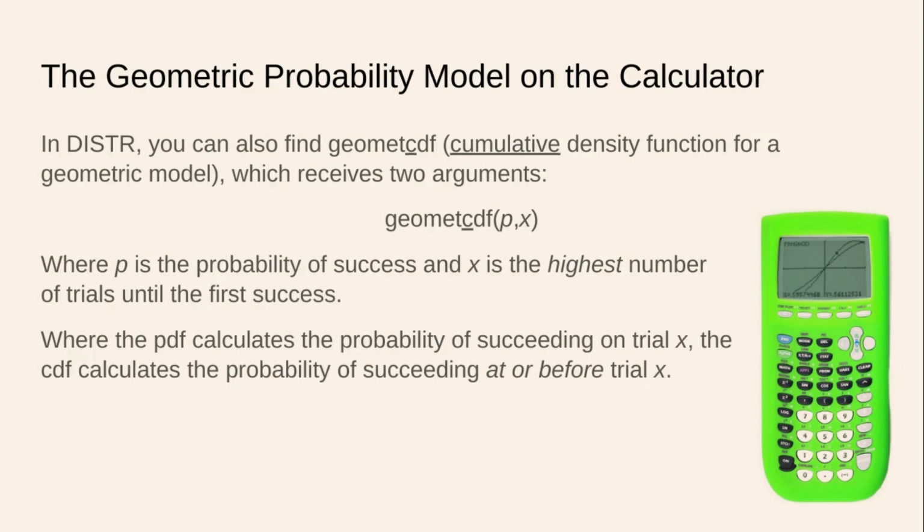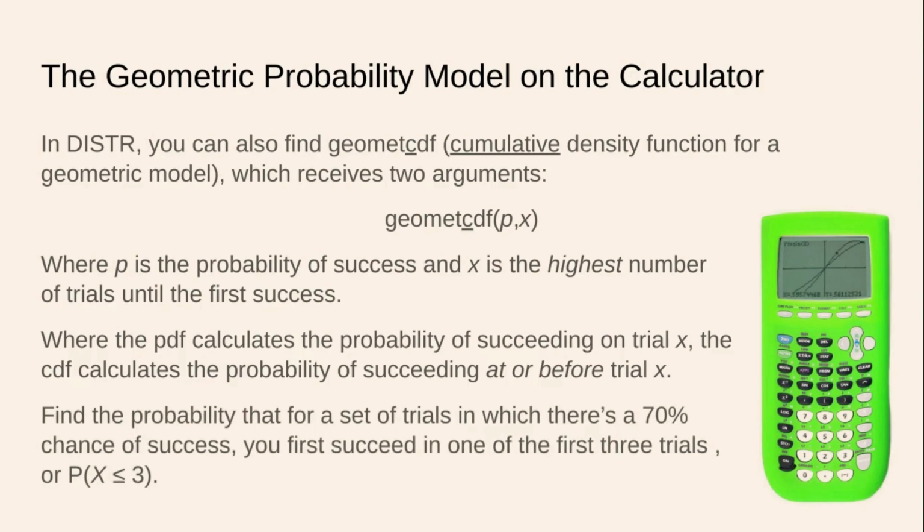The cdf calculates the probability of succeeding at or before trial x. So for example, the pdf could calculate the odds that the 4th trial is the first success, but the cdf calculates the odds that if you let x be 4, the first or the second or the third or the 4th trial could be the first success.